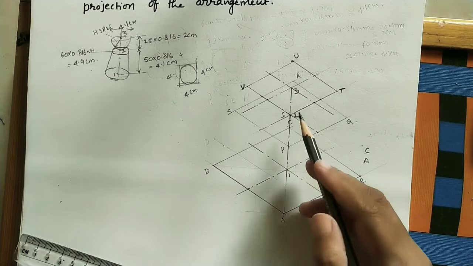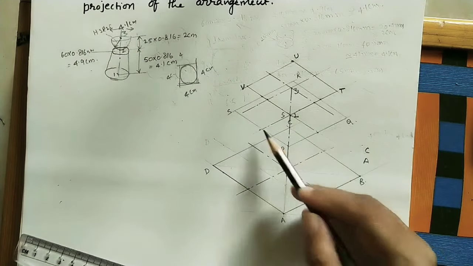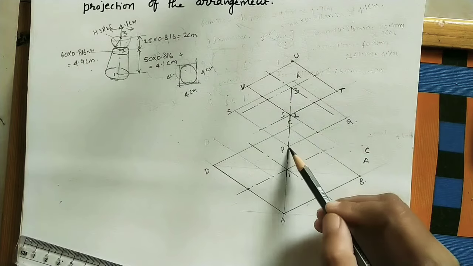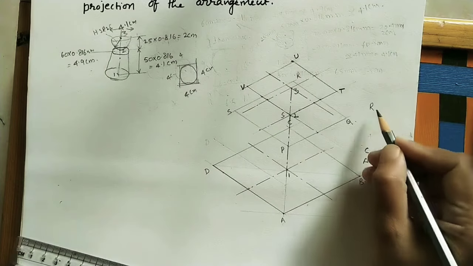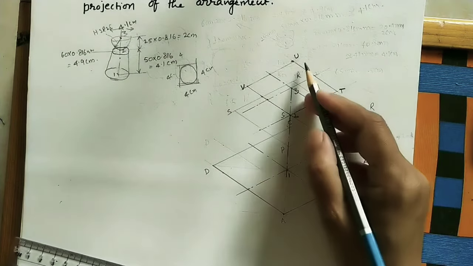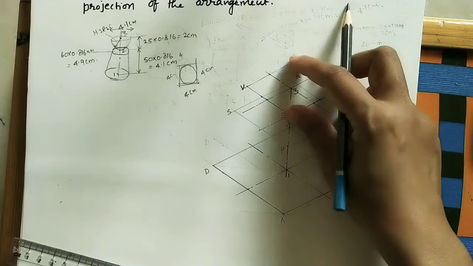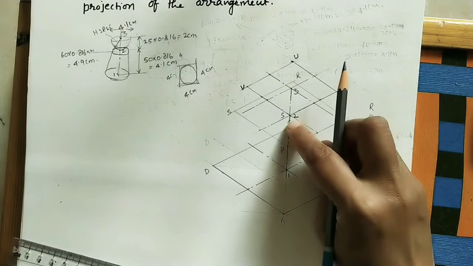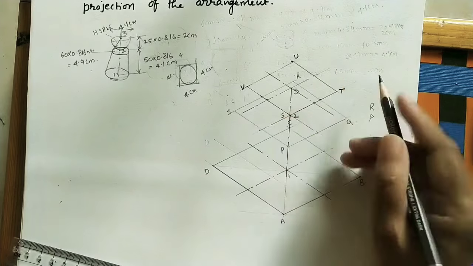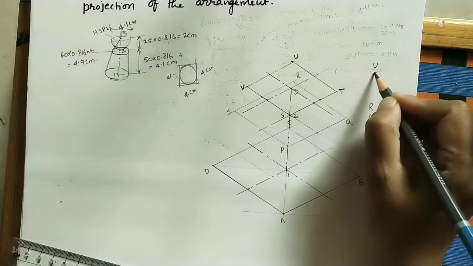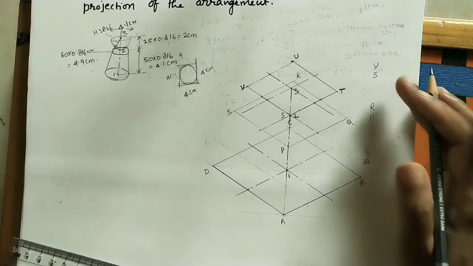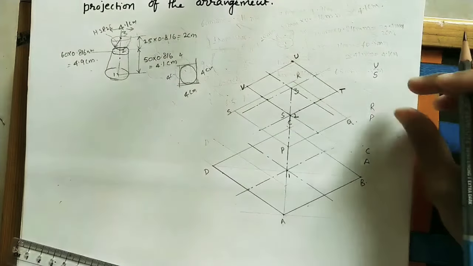Now in this second one, which is the shorter one, R and P. And in this top one, which is the shorter diagonal, U, and this point is S. So I will write U and S. These are the shorter length ends of the 3 rhombus.